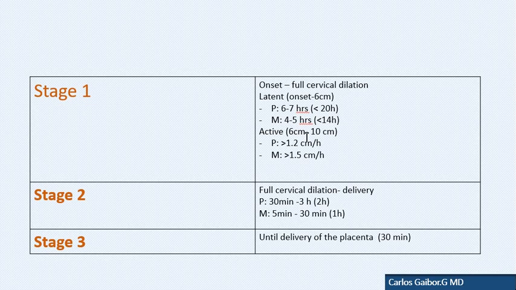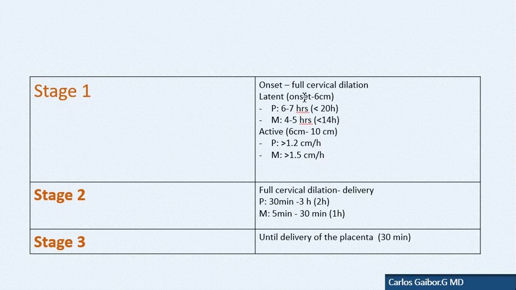The active phase is from 6 centimeters to 10 centimeters, until the cervix is fully dilated. In primiparous, the cervix is going to dilate more than 1.2 centimeters per hour, and in multiparous more than 1.5 centimeters per hour.